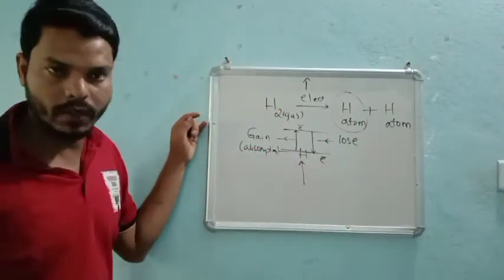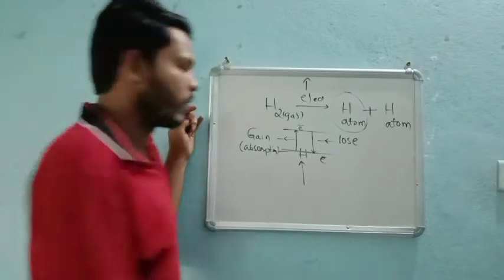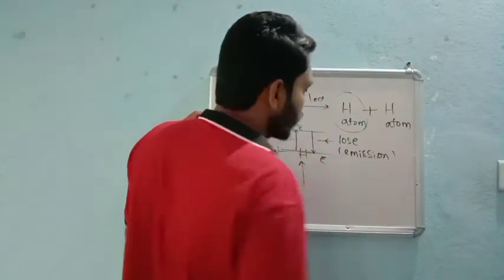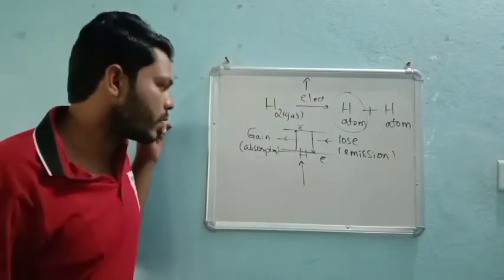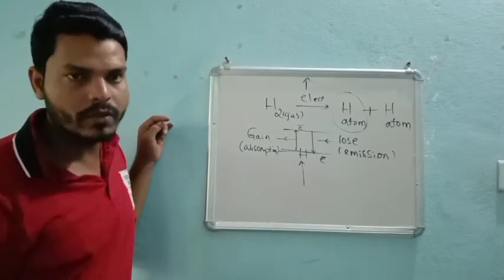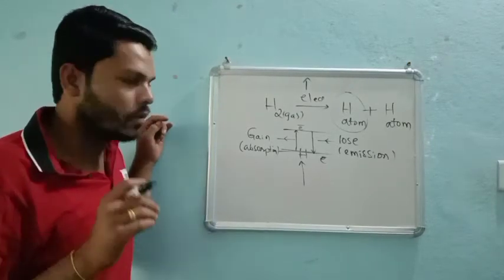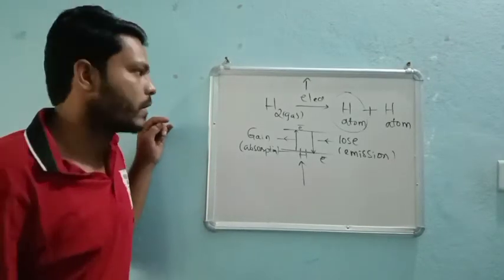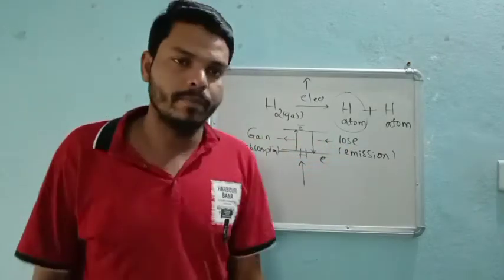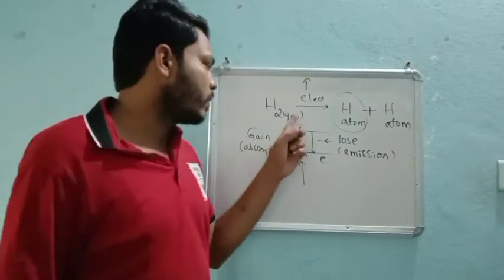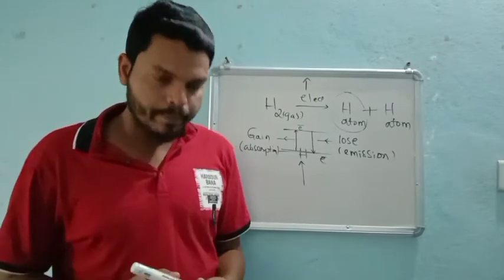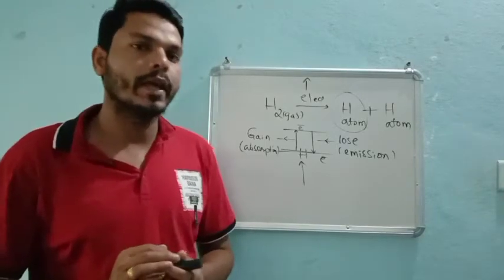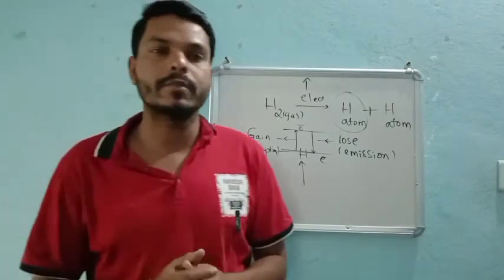This process is called emission, and the loss of energy leads to the formation of color. But in the case of hydrogen, when it loses energy while coming back from higher to lower energy level, it forms a spectrum of lines. That is why this concept is called the line spectrum of hydrogen.